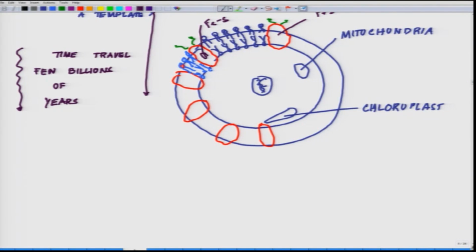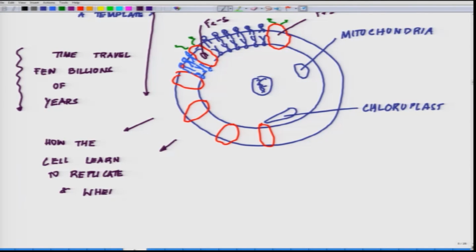A cell which got formed has a few unique characteristics, but before I come to the cellular structure, what we do not know is how the cell learned to replicate, and when, from this chemical world, from chemoevolution, we moved to the DNA, RNA world.